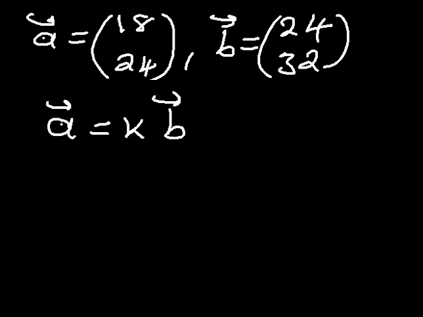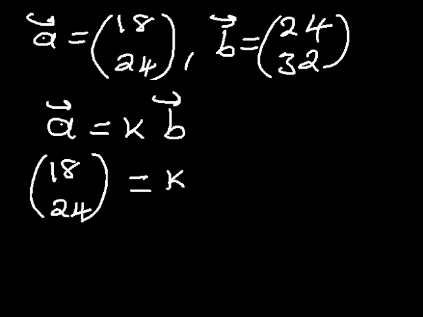And what is the value of the vector A? We have it as 18 down 24, which is equal to k times 24 down 32, as you can see there.